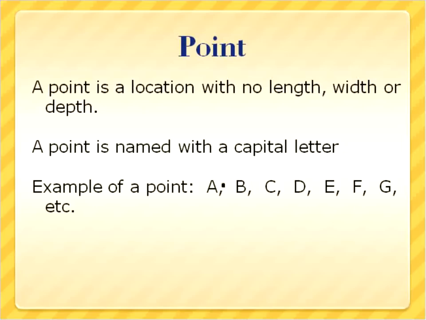So if the point B were up here, and the point C were over here, these would be ways to label points. Alright? So there's the point A, point B, C, D, and basically you're going to be labeling points with a capital letter next to the location of that actual point.